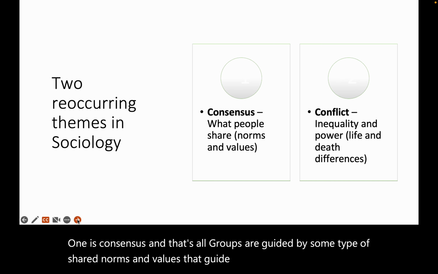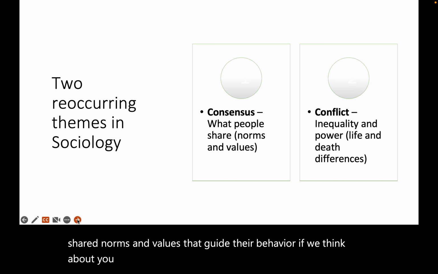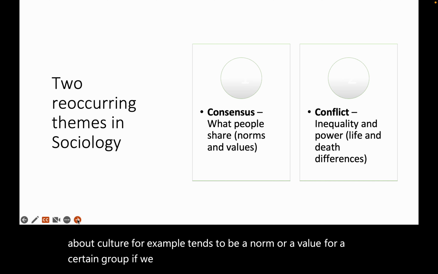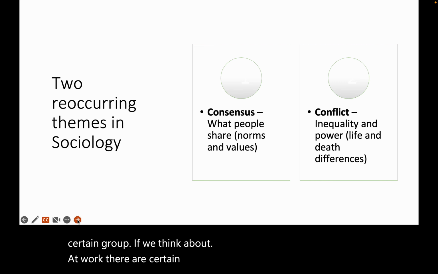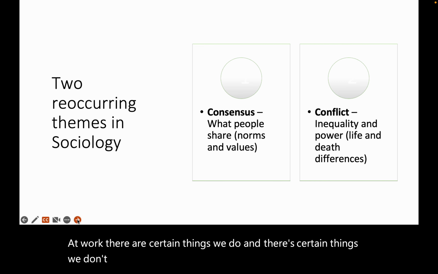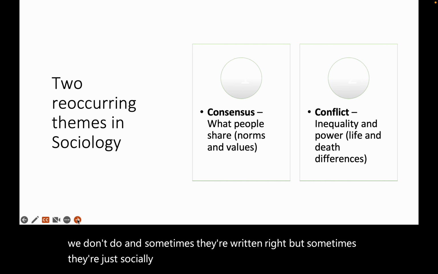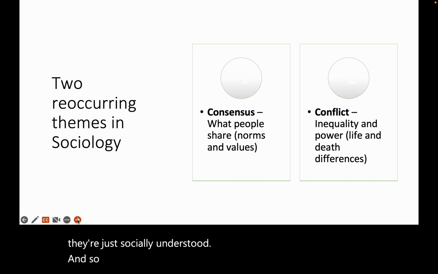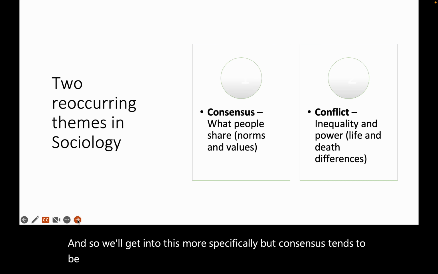Culture, for example, tends to be a norm or a value for a certain group. If we think about work, there's certain things we do and certain things we don't do, and sometimes they're written, right? But sometimes they're just socially understood. And so we'll get into this more specifically, but consensus tends to be one reoccurring theme within groups.